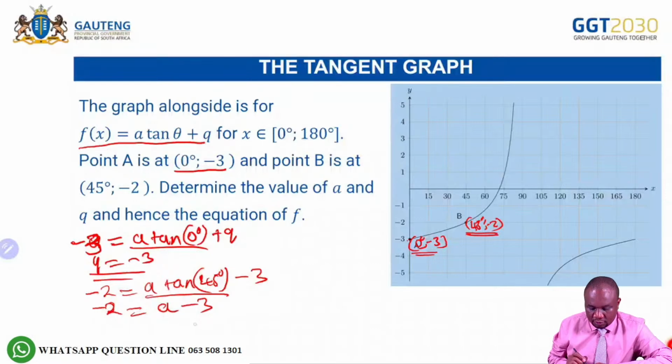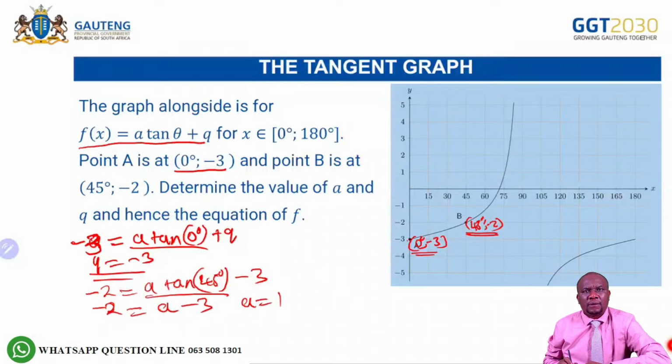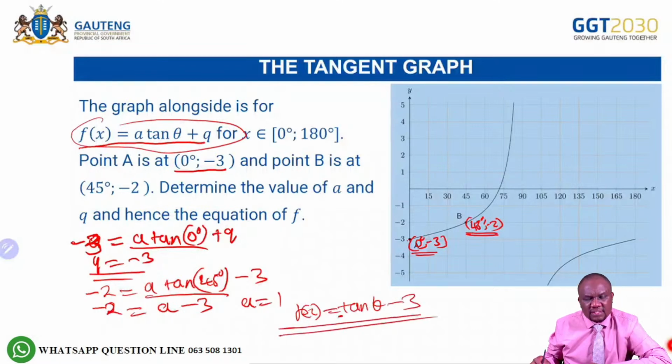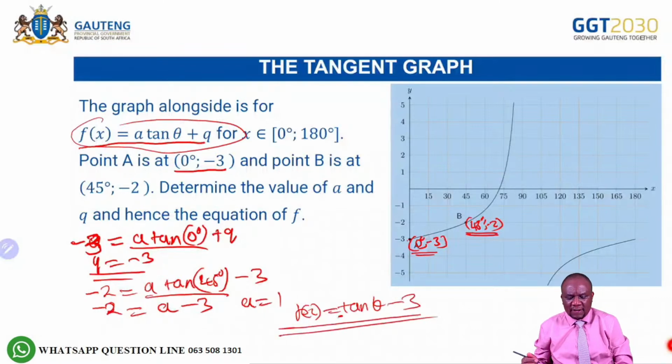And then add 3 on both sides of the equation, you get that a is equal to 1. Okay, a is equal to 1. Therefore, the equation of this graph is f of x is equal to tan theta, because there's an invisible one here, and then minus 3. That's it. Done. That's how you can find the equation of the graph using the given points.